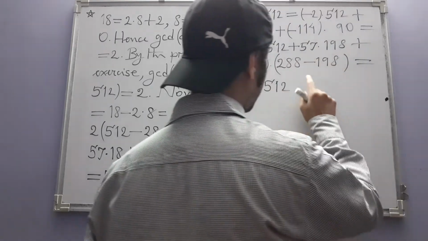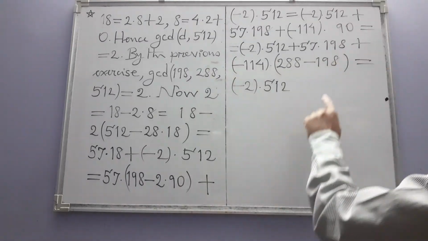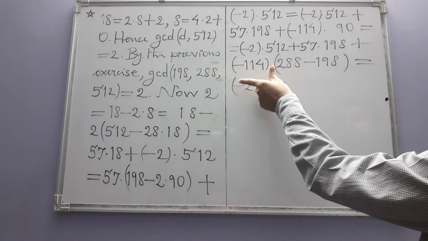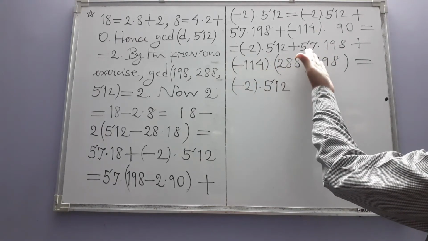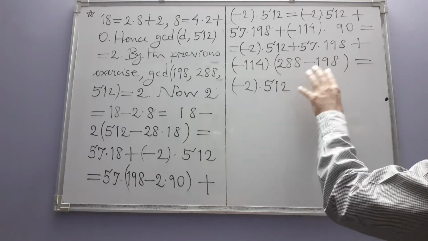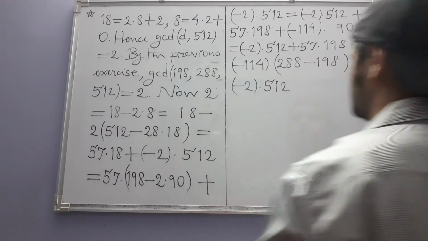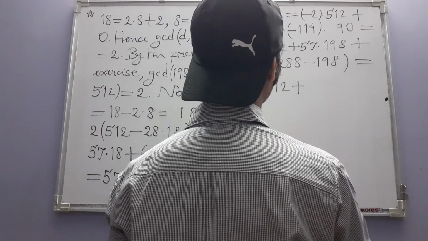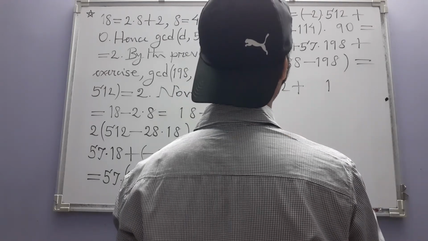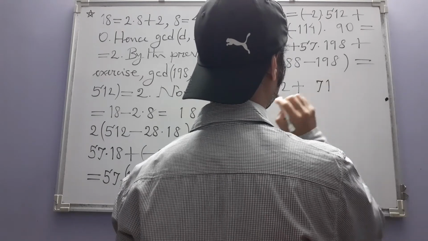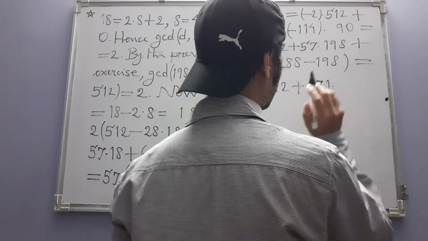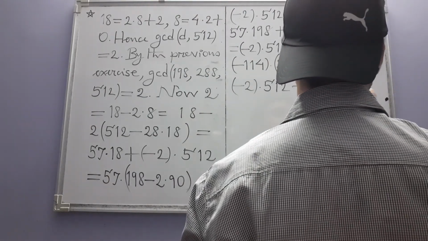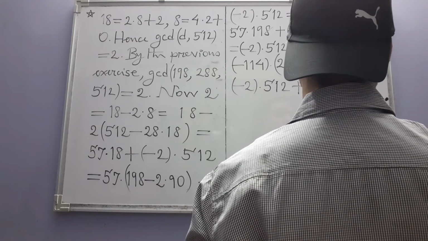Okay, so if we multiply these two, then we will get plus 114. That we will have to add with 57. So that will be something times 198. So that means 114 plus 57, 171 times 198.